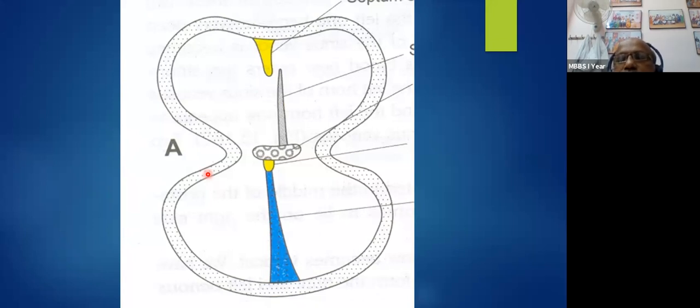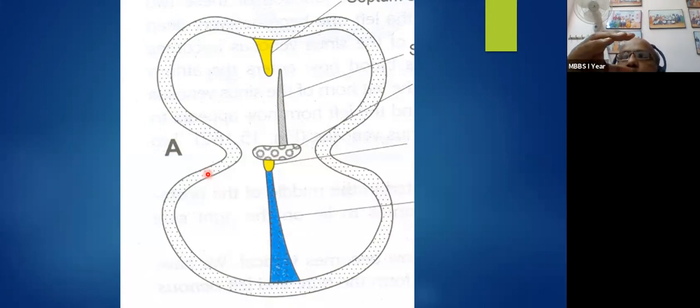For other students, if you are hearing first time, note that at the root of ascending aorta, or at the site of origin of ascending aorta from the left ventricle, you will be having three semilunar valves guarding it. The three semilunar valves are one anterior, two posterior, right posterior and left posterior.